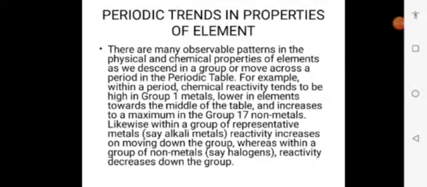When we move left to right in a particular period, certain properties change, and these are called periodic trends. But in a group, those elements which contain similar properties are considered the same group.